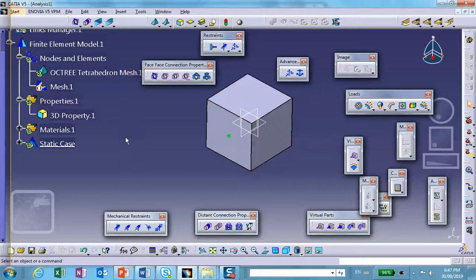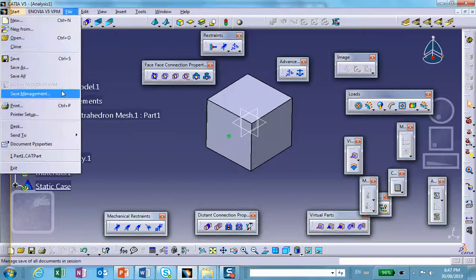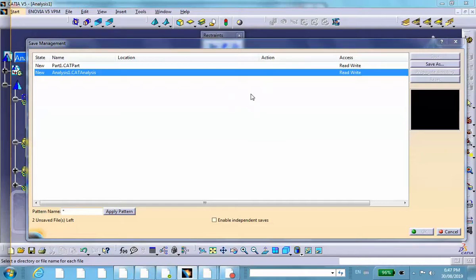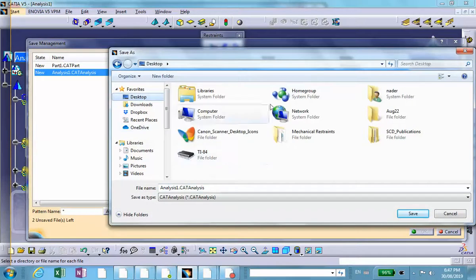File, save management, save as, analysis, save as. We go desktop, new folder: Isostatic restraint, subtle issues.